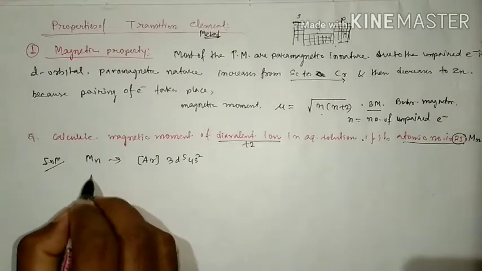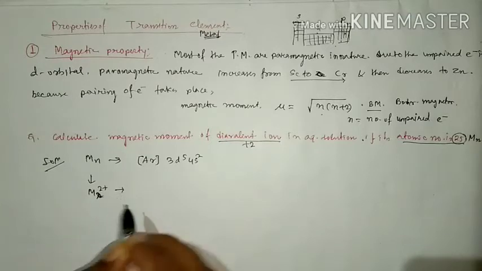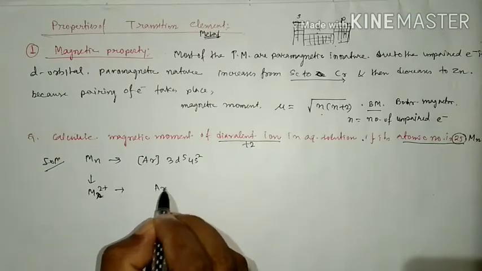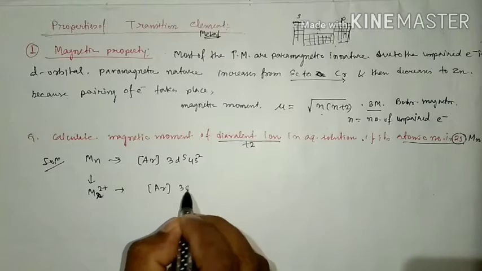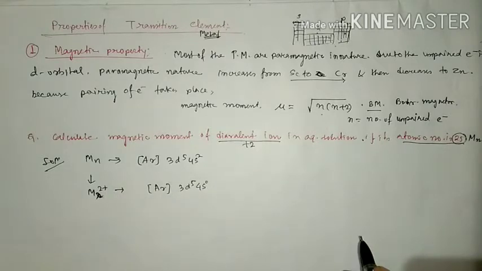Okay, now when manganese becomes +2 oxidation state, then it loses 2 electrons. 3d5 remains as it is, and 4s becomes 0.